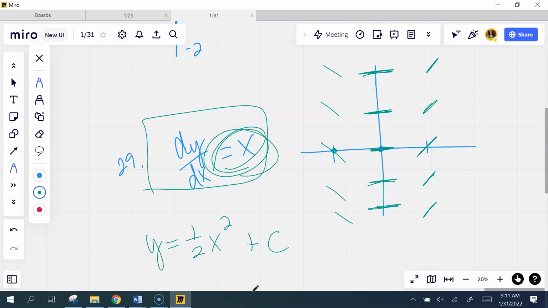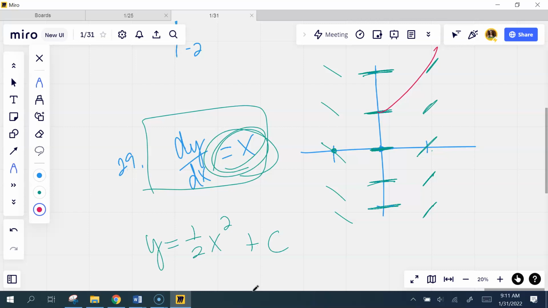Graphically, what does that C do to the function as it changes? Up or down, right? So do you see that I've really graphed the solutions, and I've graphed every possible solution?